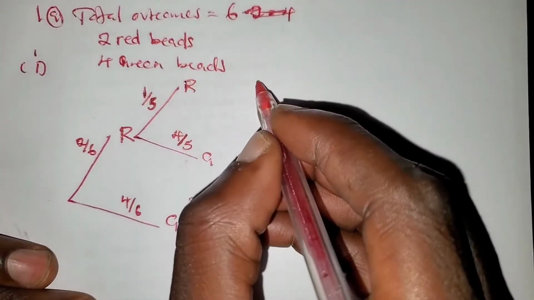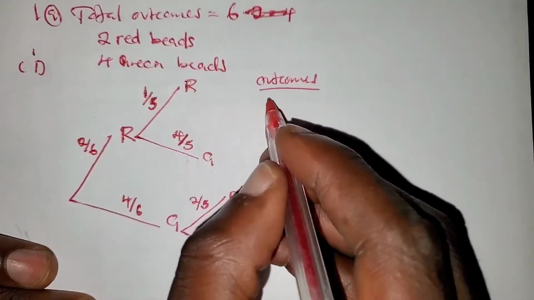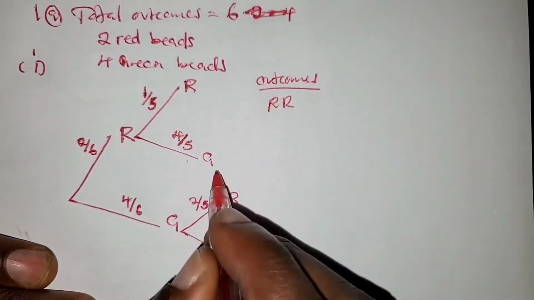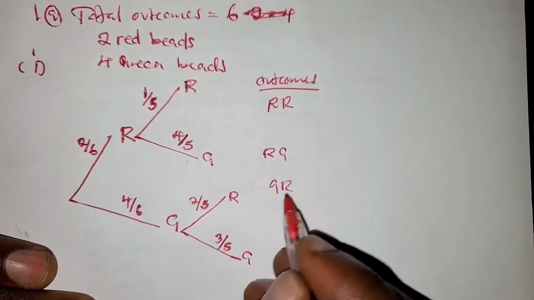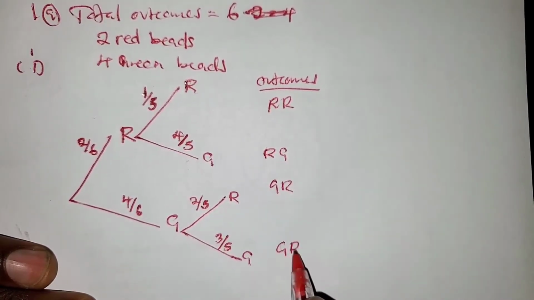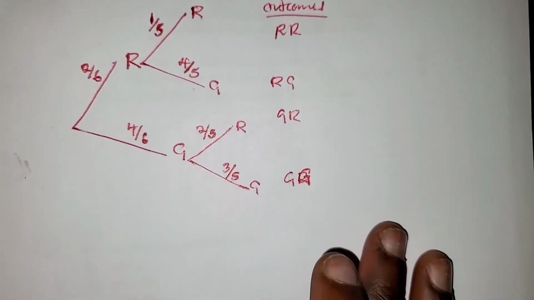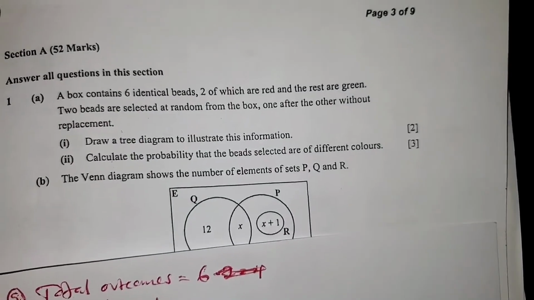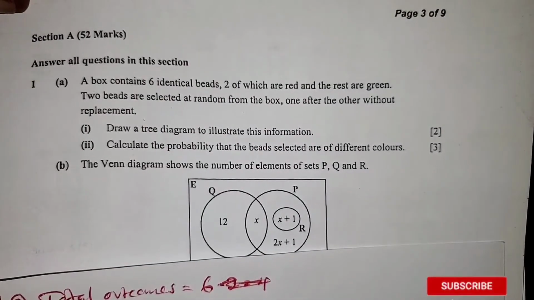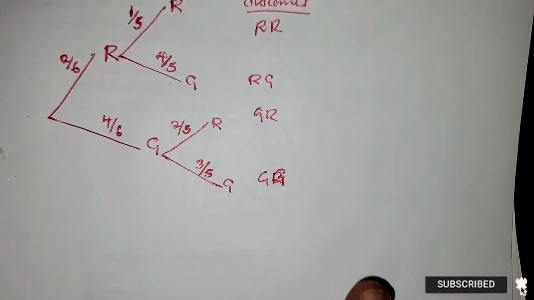Let me write the outcomes here. This is red, red; red, green; green, red; green, green. This will help us solve the last question, which is saying calculate the probability that the beads selected at random are of different colors.